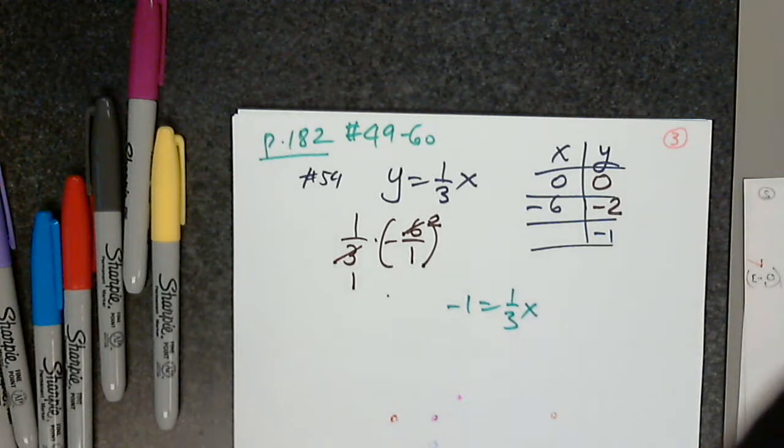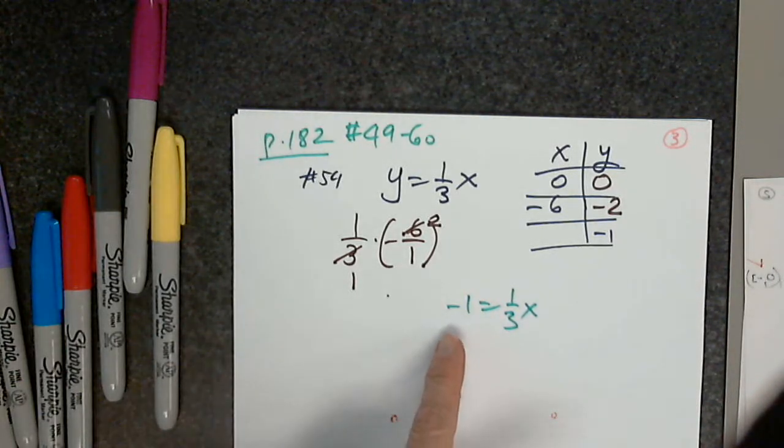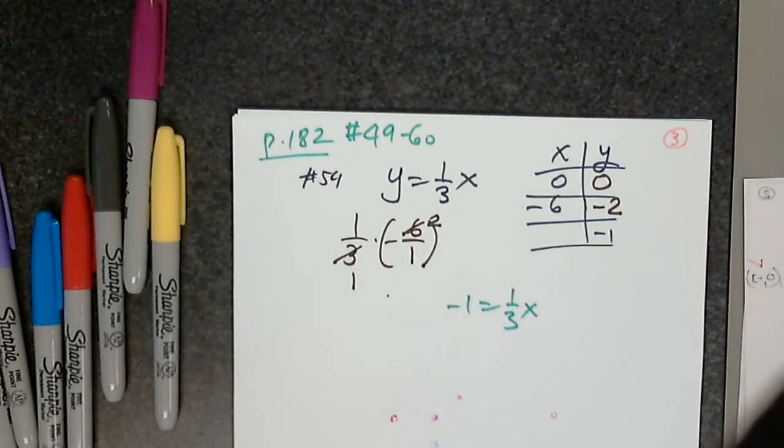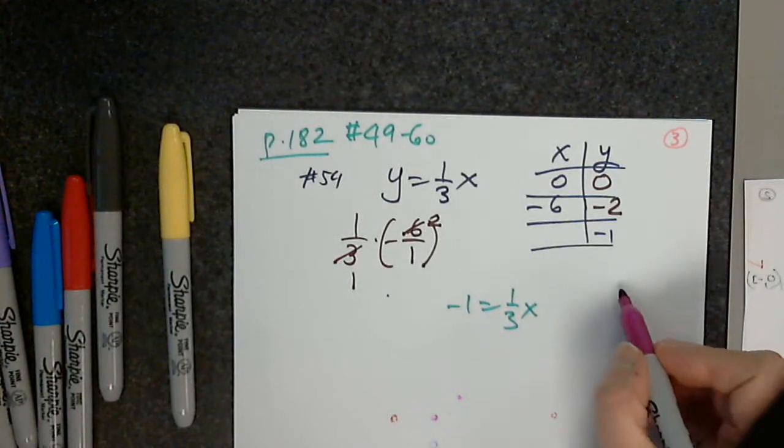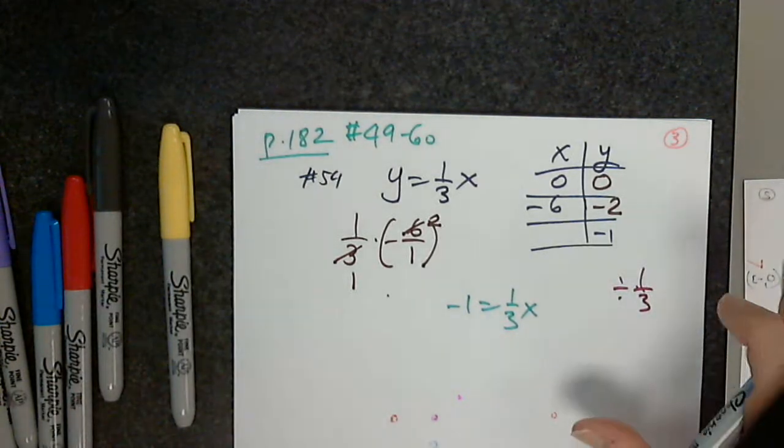Yes. Very good. However, the easiest thing to say is when you want to eliminate a fraction, you multiply both sides by the multiplicative inverse, the reciprocal. It's easier, because the division by 1/3 you'll still have to do. You can say divide by 1/3, which is perfect.